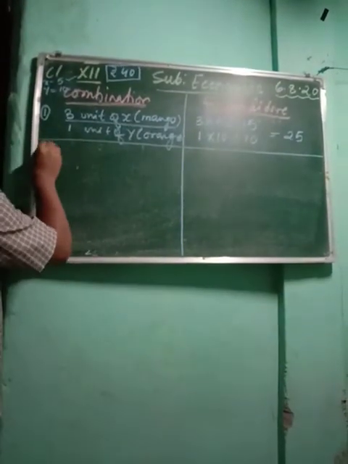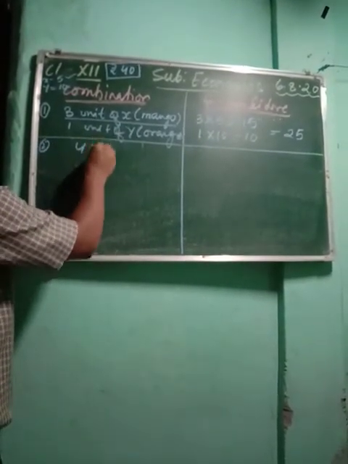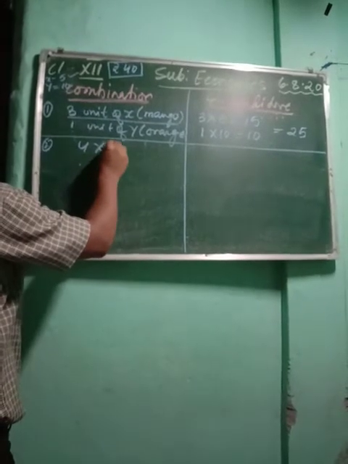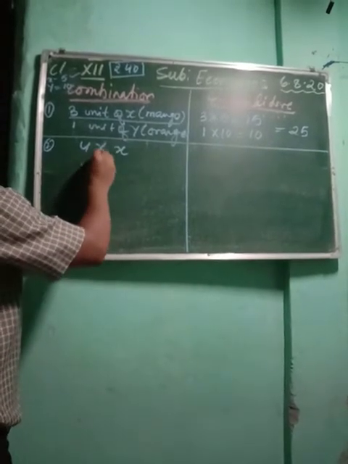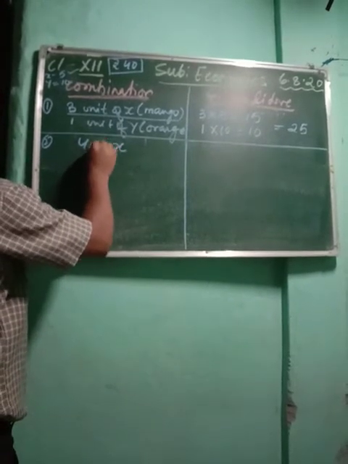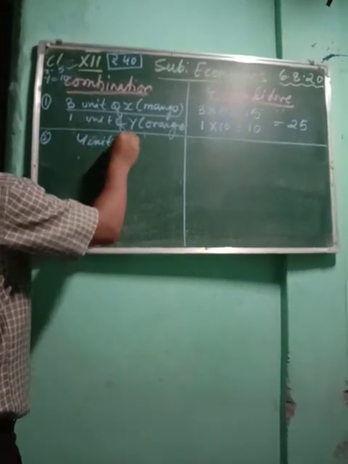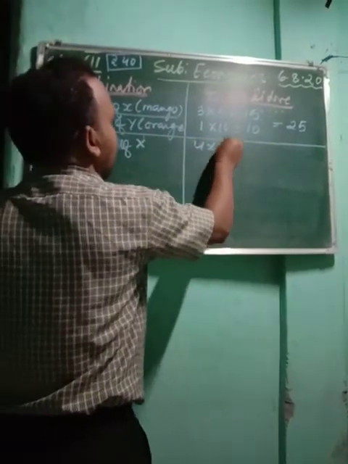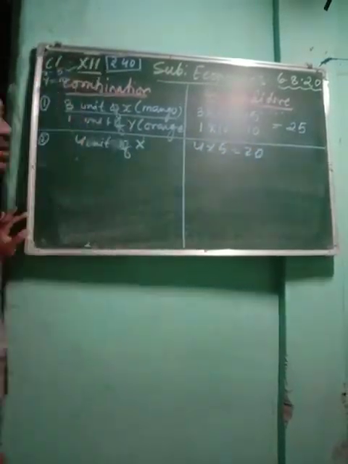Now let's see the second combination. Suppose he is buying 4 units of X, so 4 into 5 is 20 rupees.